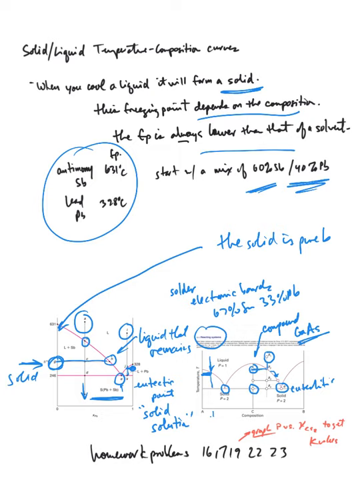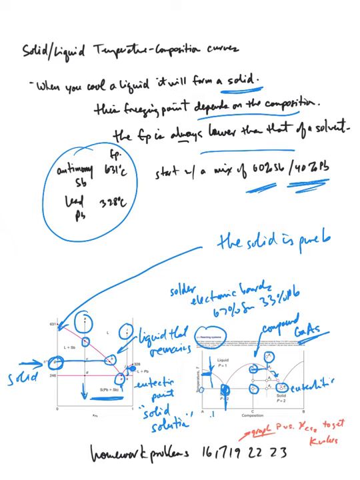The liquid would get richer and richer in B until it reached a eutectic point. If you pulled off all the solid just before that point, you would then get solid at the eutectic point. So this is just the beginning of some really interesting temperature phase diagrams for mixtures.